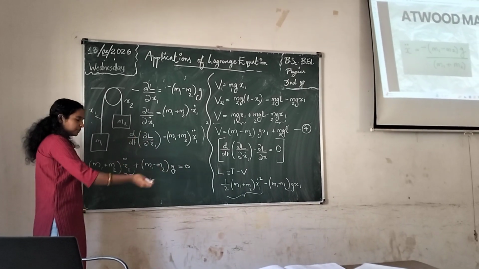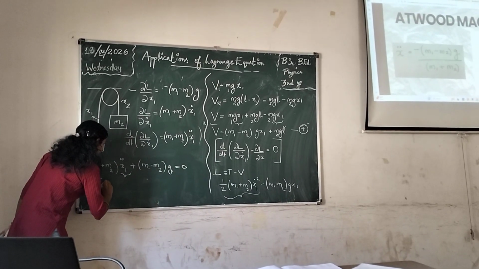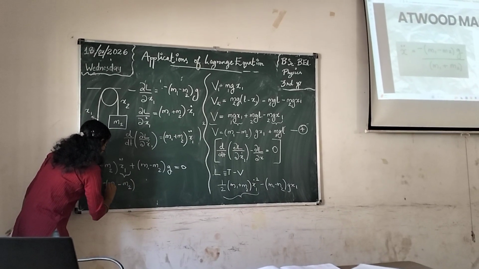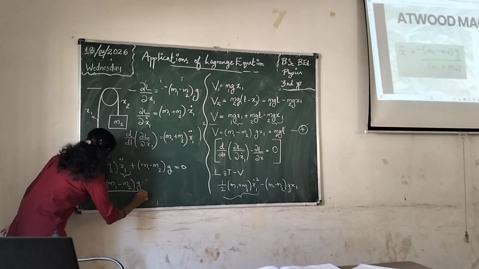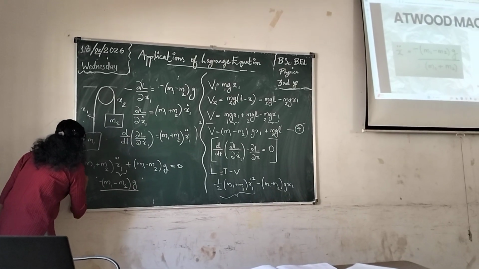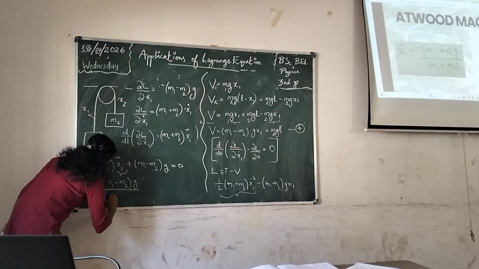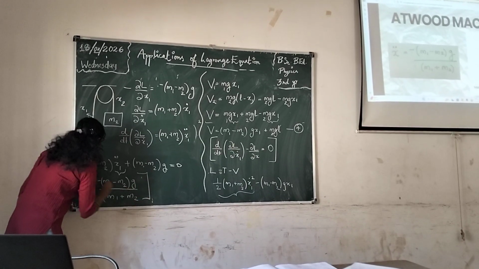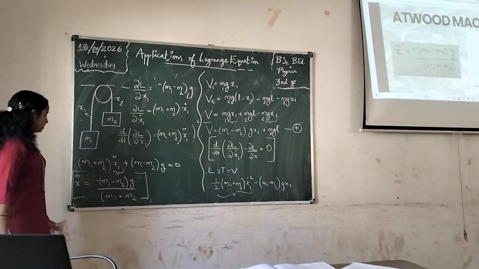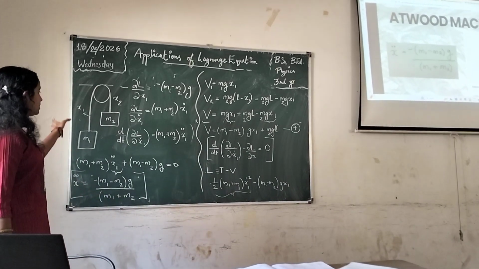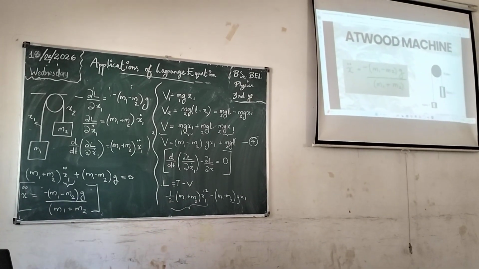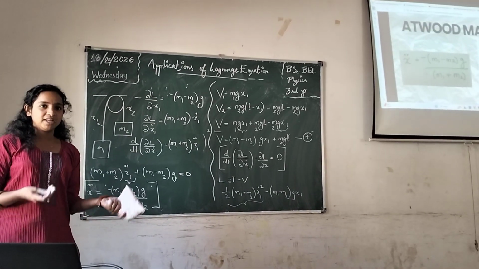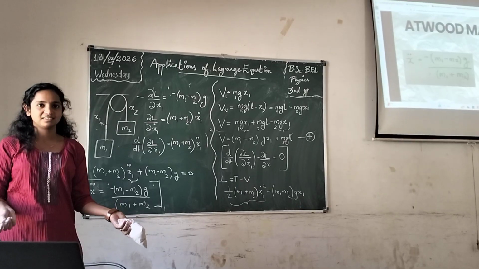So it will be x1 double dot equals minus (m1 minus m2) g divided by (m1 plus m2). So this is our equation of motion for this Atwood machine. I hope it is clear. If you have any doubt, you can ask in between. No doubt, right? So can I move on to the next one?